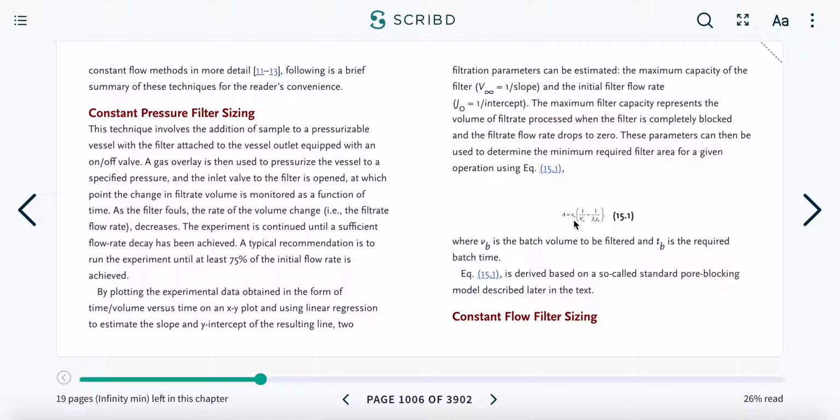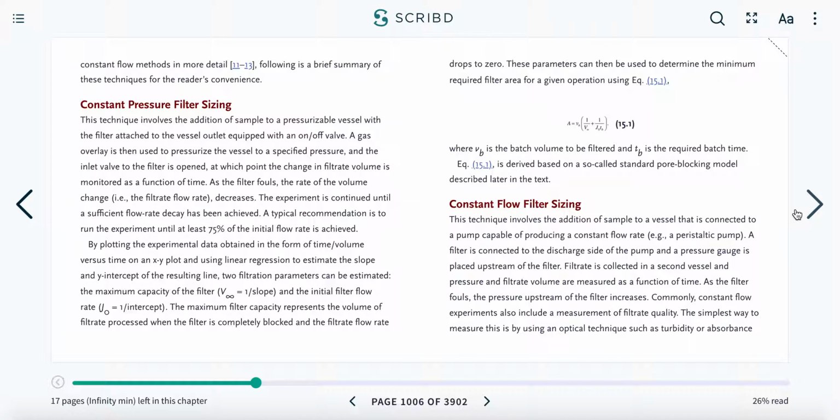So you have area, VB is your batch volume to be filtered, and TB is the time required. 1 over J, or 1 over intercept, is your initial flow rate, and 1 over the slope is the maximum capacity.